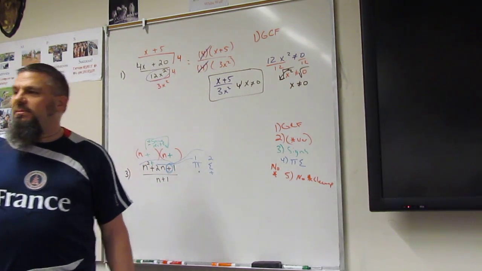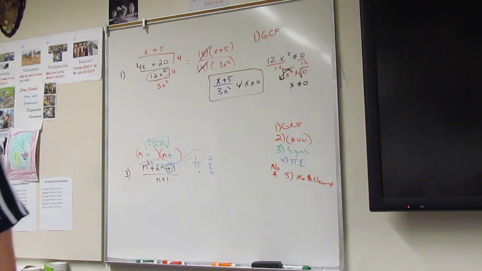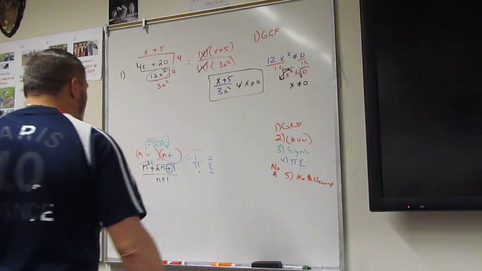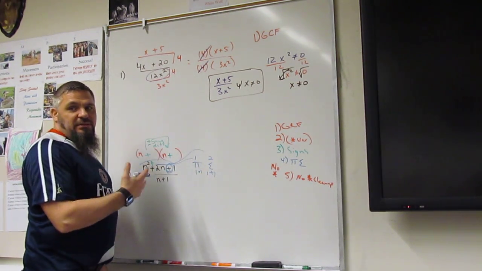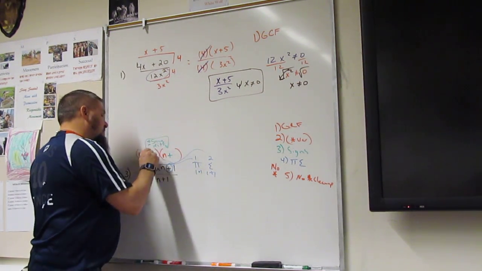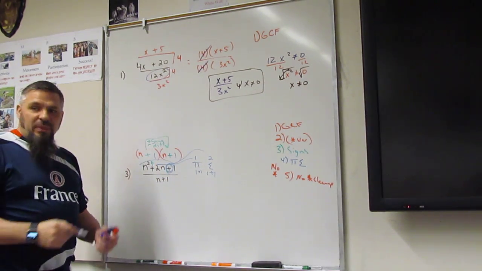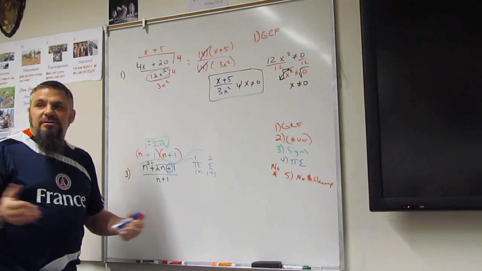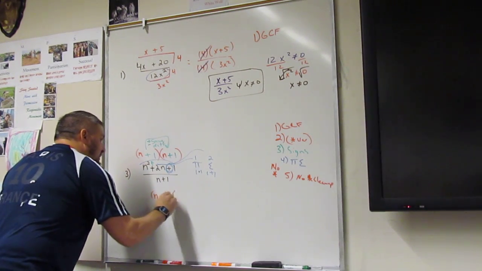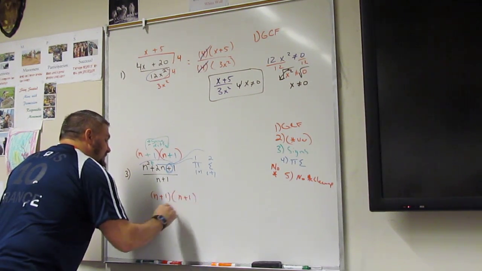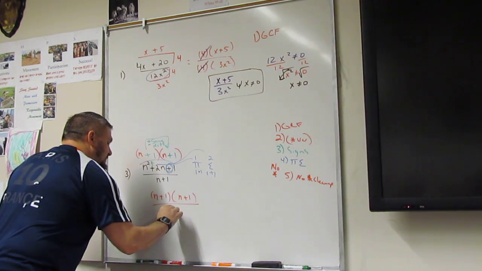Two numbers multiply to be 1 and add to be 2. 1 and 1. Right? 1 times 1 is 1. 1 plus 1 is 2. Okay? And then I have it factored. And my factor is n plus 1 times n plus 1 all over n plus 1.